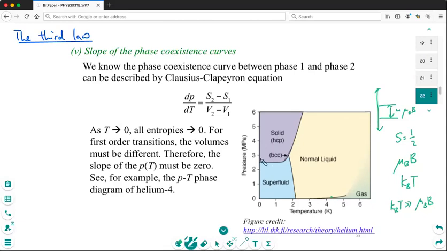Let's say we get very close to T equals 0, and we move from here to here. So what we are saying is the change of the entropy will be the entropy associated with the solid phase minus the entropy associated with the superfluid phase, and this difference has to be not significant in the T equals 0 limit.